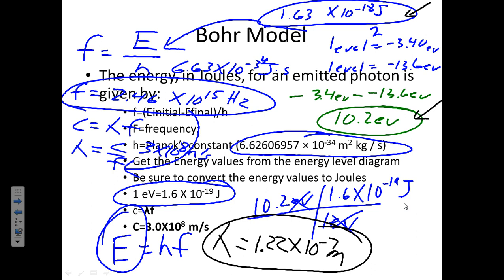We plugged in the energy that we calculated and Planck's constant, and we got a frequency. We then used the equation speed of light in a vacuum equals wavelength times frequency. Solve for wavelength, put in the speed of light in a vacuum, put in the frequency that we calculated earlier, and we came up with a wavelength of 1.22 times 10 to the minus 7.